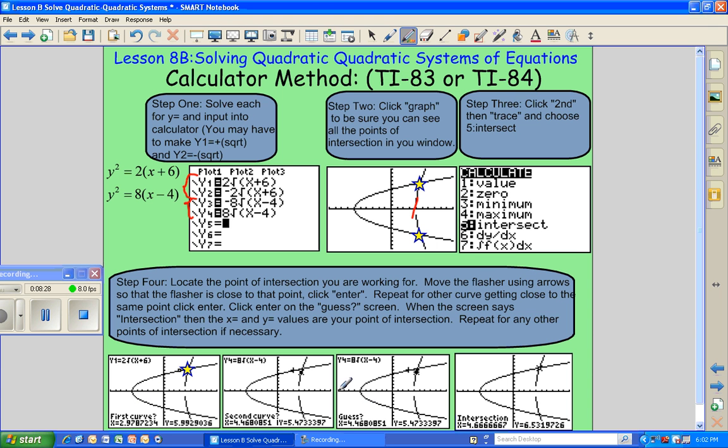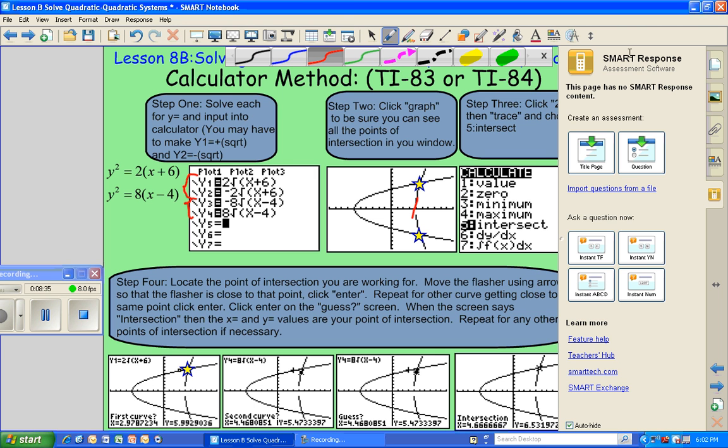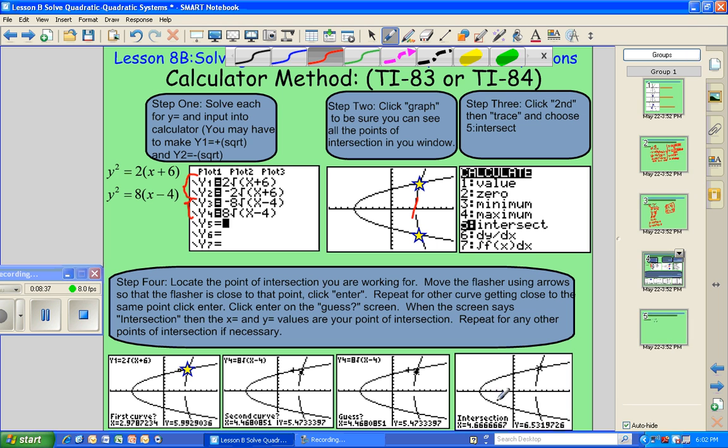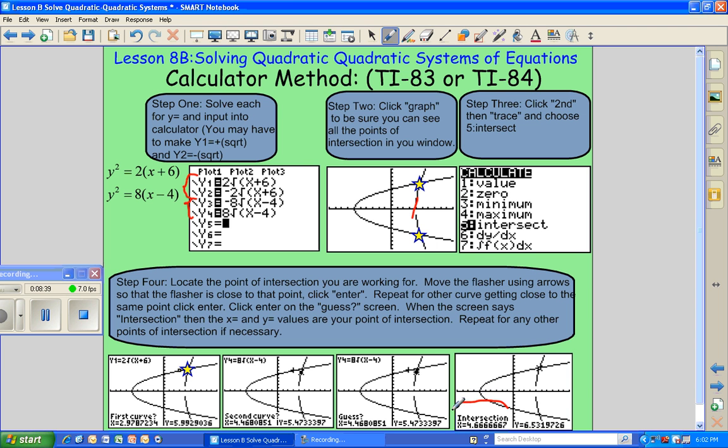You'll need to hit enter on the guess screen, and then you'll want to make sure that when you go to give your final answer, it's the answer you acquire off the intersection screen, okay, which is going to be that answer right there. And then you would repeat the whole process to find the second point of intersection. So you would arrow around until you see the flasher guide down here. So that's how you can use the graphing calculator to help with that.